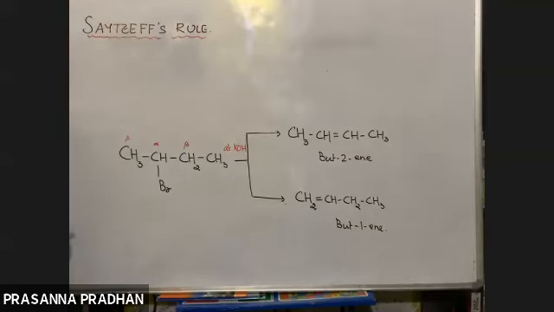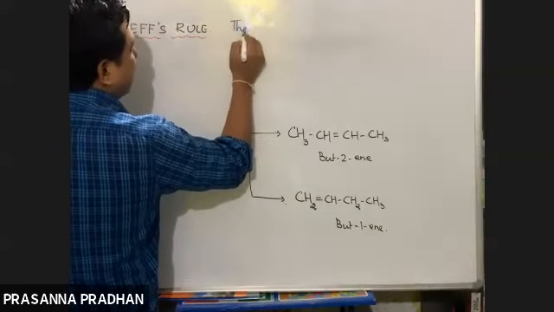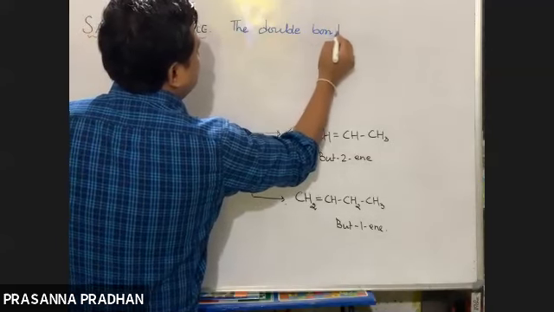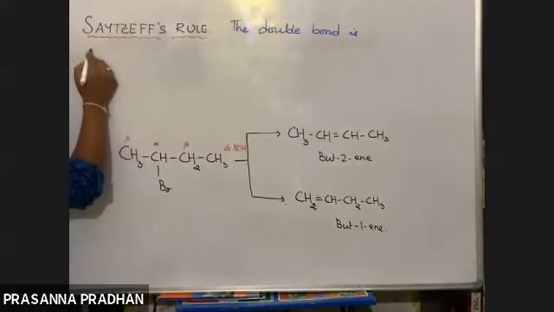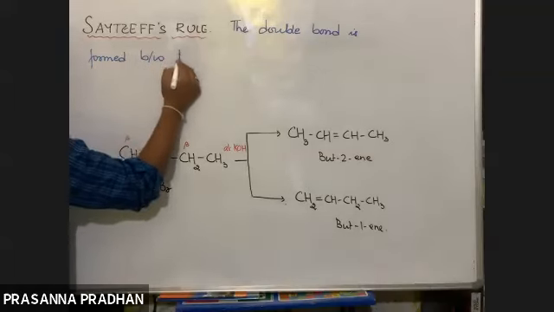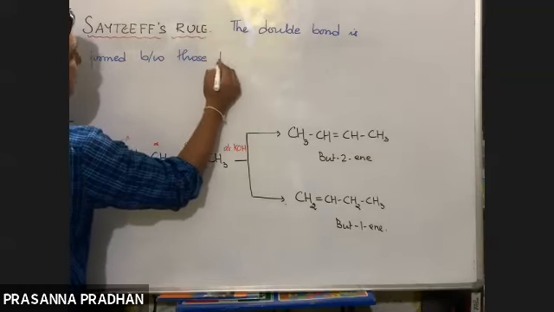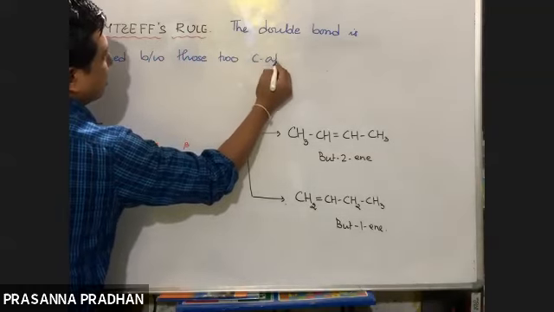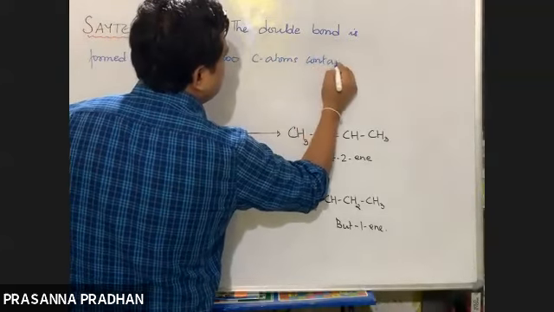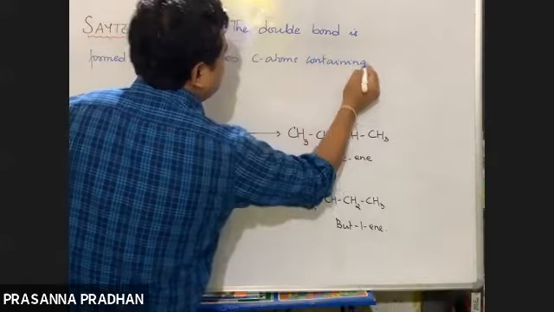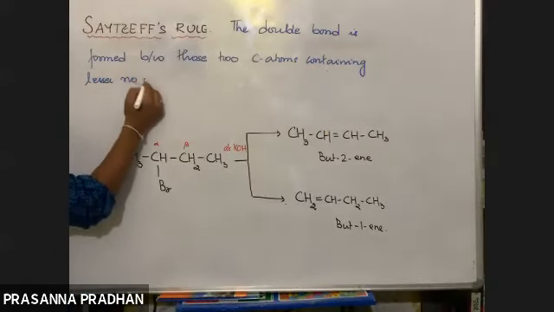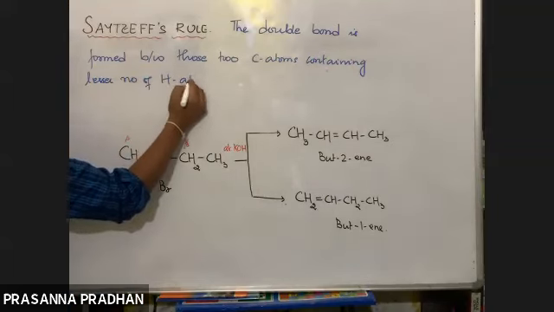So what does it state? It states that the double bond is formed between those two carbon atoms containing lesser number of hydrogen atoms.